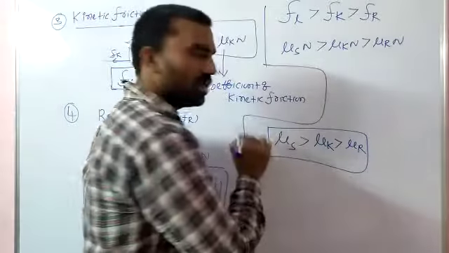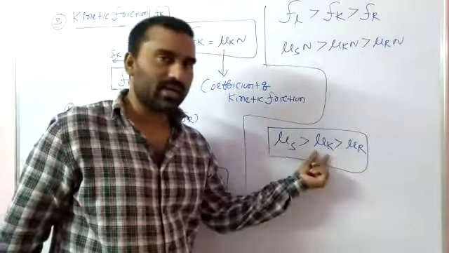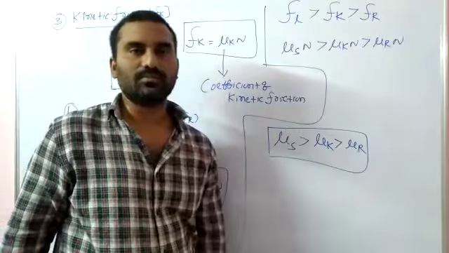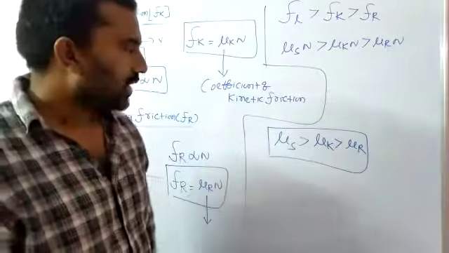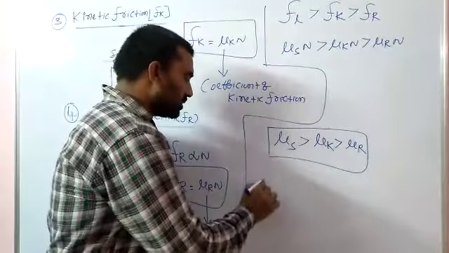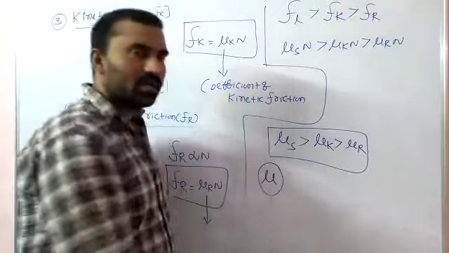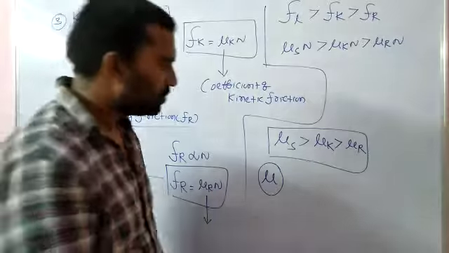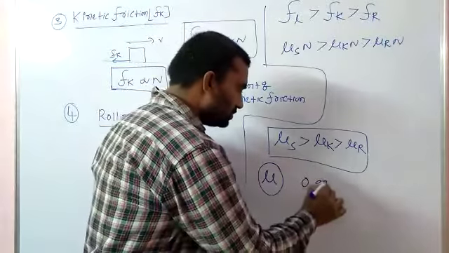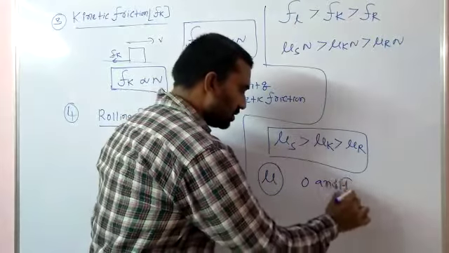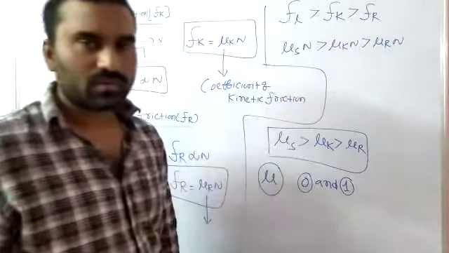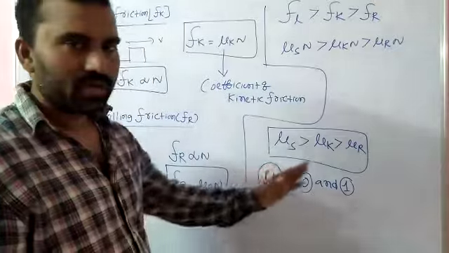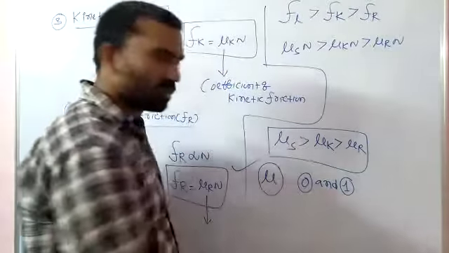The coefficient of friction lies between 0 and 1.